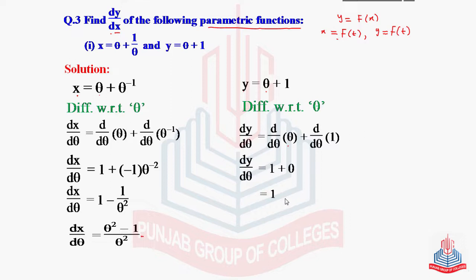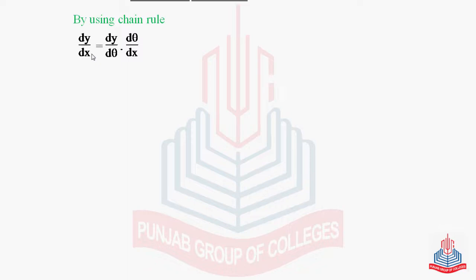Now as we calculated dy by d theta and dx by d theta from here, so by using our chain rule, dx by d theta and dy by d theta, then we have to form dy by dx. So by using our chain rule, dy by dx is equal to dy by d theta and d theta by dx.